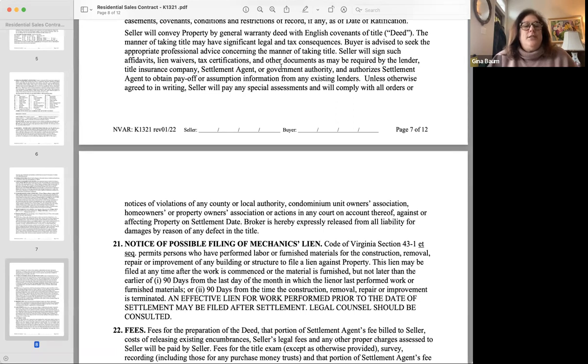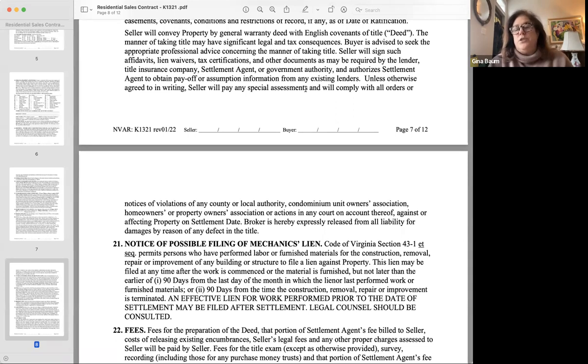Seller will sign such affidavits, lien waivers, tax certifications, and other documents as may be required by the lender, title insurance company, settlement agent, or government authority, and authorizes the settlement agent to obtain payoff or assumption information from any existing lenders. Unless otherwise agreed to in writing, seller will pay any special assessments. Okay, so let's say your buyer is buying a condo and they have a special assessment that's on the books.